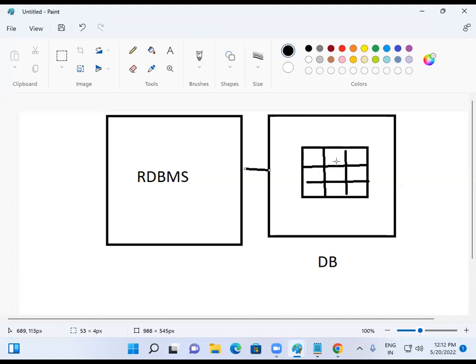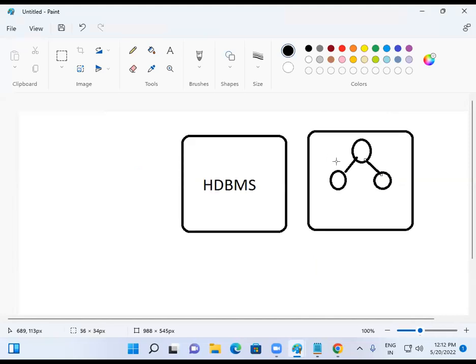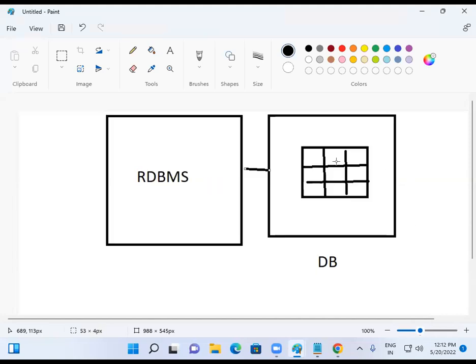Earlier those operations were complex. When the structure is simple, most of the companies started using databases. Earlier, companies were using file management systems. Once RDBMS was introduced, most of the companies started using databases.